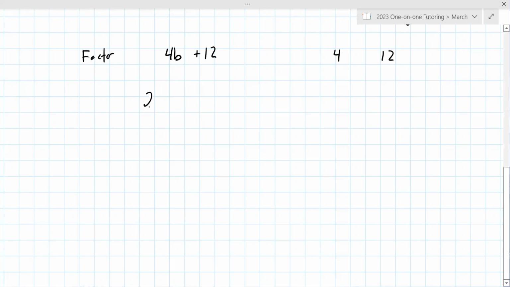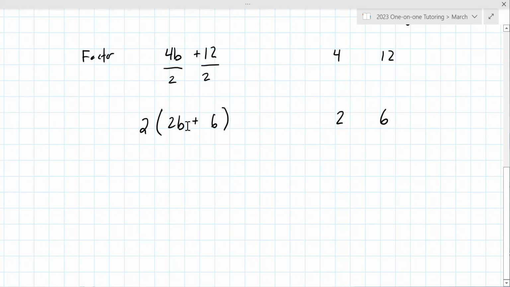Okay, so let's try 2. 2, and then you divide each of these by 2. What is 4b divided by 2? 2b. Okay, and how about 12 divided by 2? 6. Okay, now you might look at these and say, oh, actually, I can get another 2 out of 2b and 6. Do you agree with that?